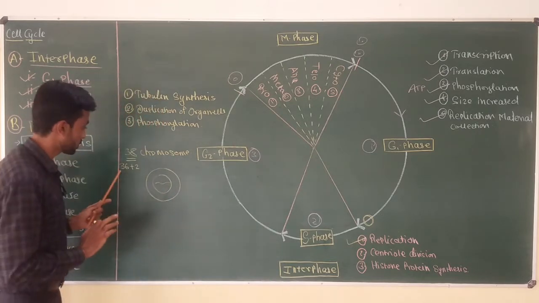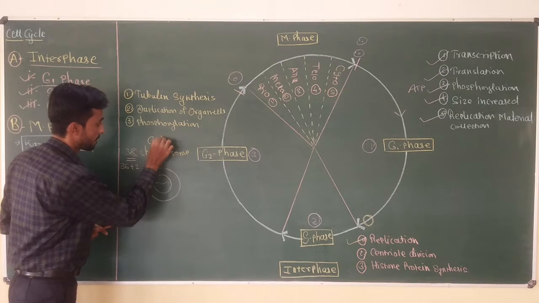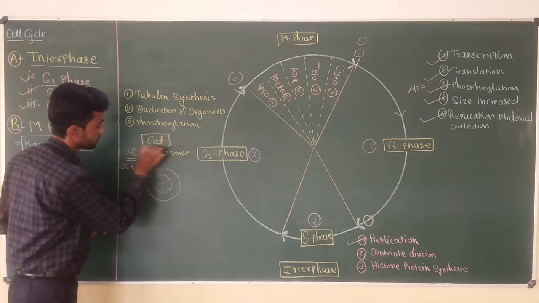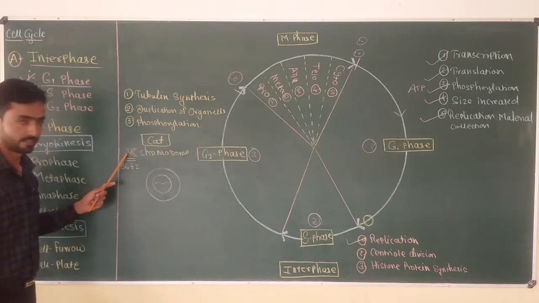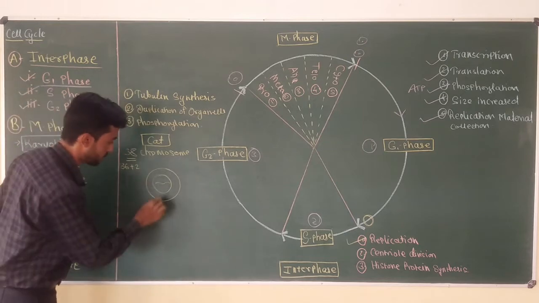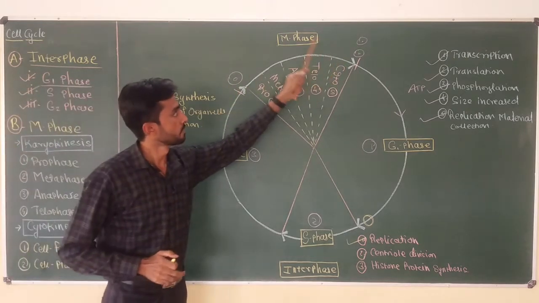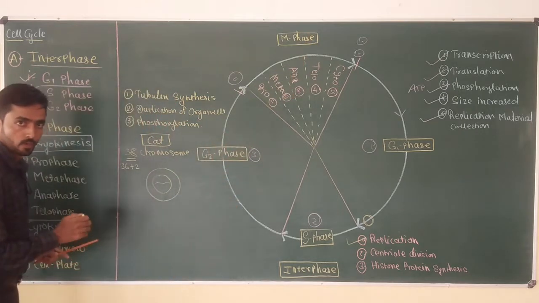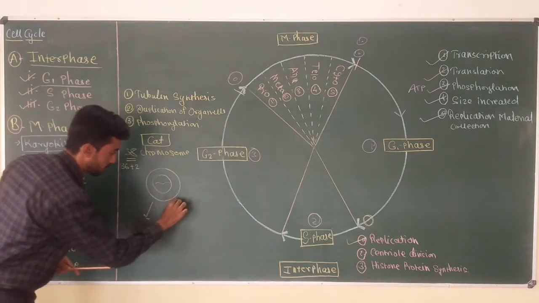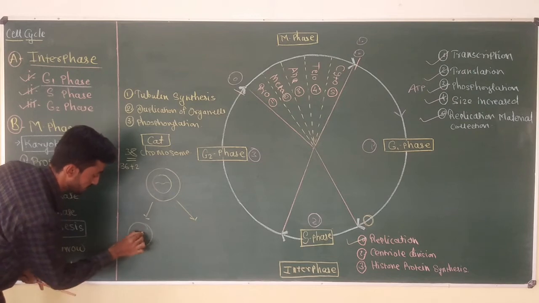So the total number of chromosomes in a cat is 38. Now suppose the cell wants to divide by M phase, and after division the cell will produce 2 daughter cells.